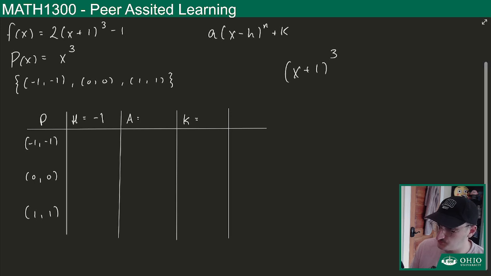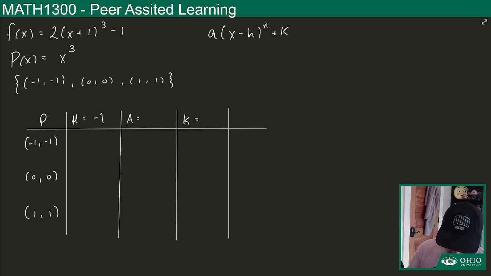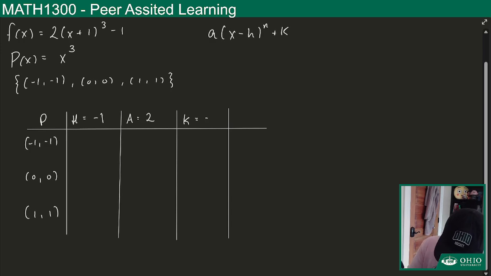So I want to pick an h value that would return a +1. The only way we get that is if we subtract a -1, which turns into x plus 1. So h in our case is -1, so you want to be careful about that. The rest are a lot easier: a is going to be 2, and k is going to be -1.